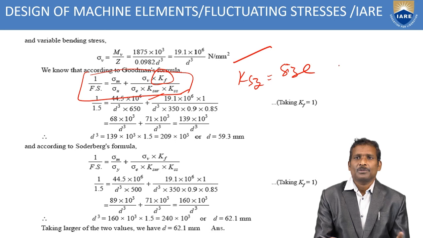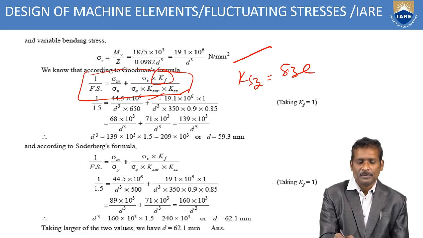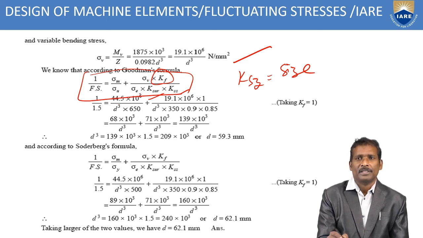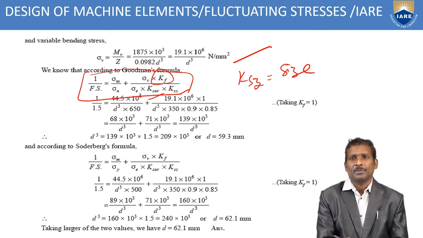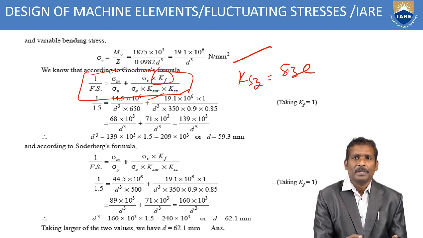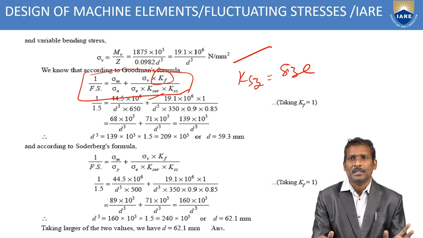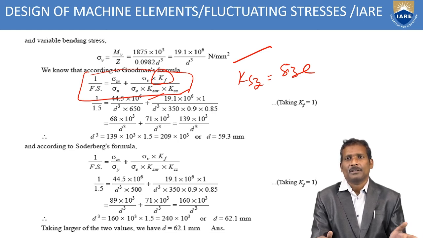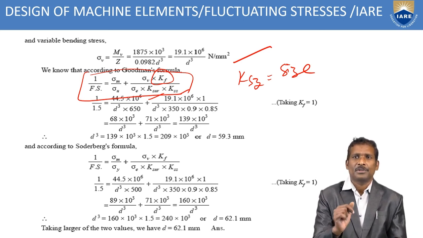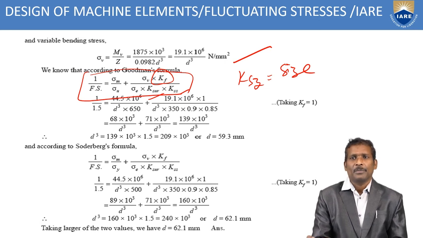Clear? So first you multiply these factors with the endurance limit. That is the actual endurance limit. Whenever you multiply the endurance limit value with these factors, after considering the stress concentration factor, you will get the actual endurance limit value of the material.